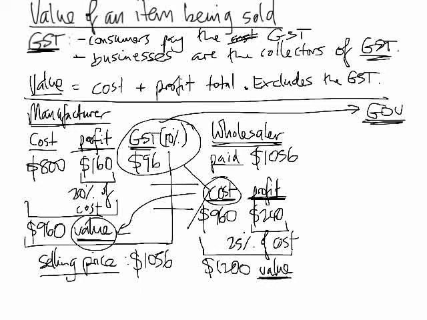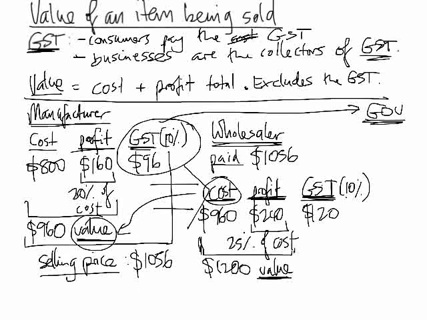But they have to charge GST onto the next level, GST of 10%, which is going to be $120. And you see how this GST of 10% here is calculated on the total value at the wholesaler level.